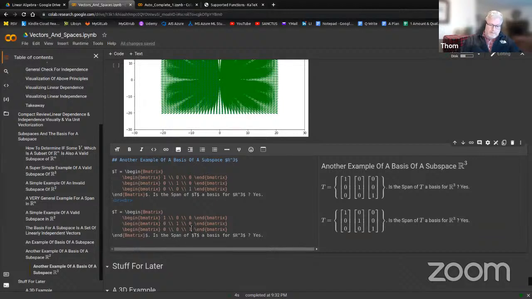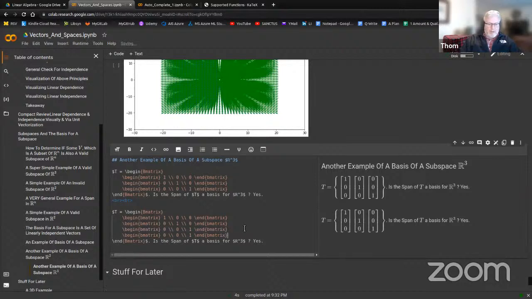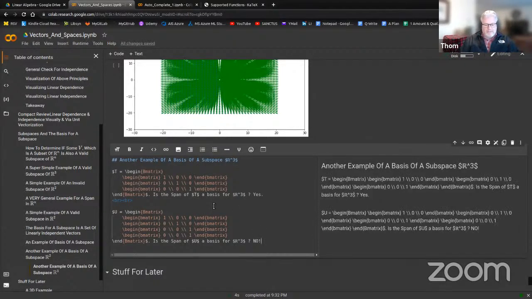Okay, we're going to add yet another vector, and we're going to call this one U. And is the span of U a basis for R3? No. And why?